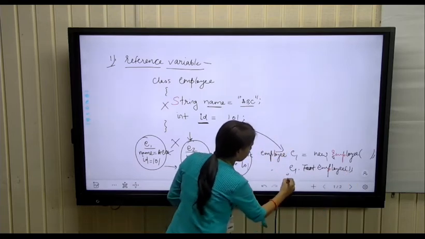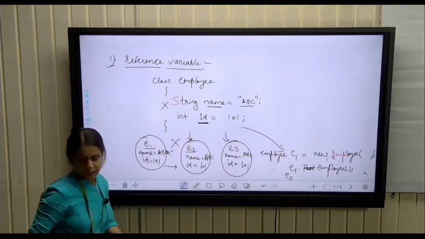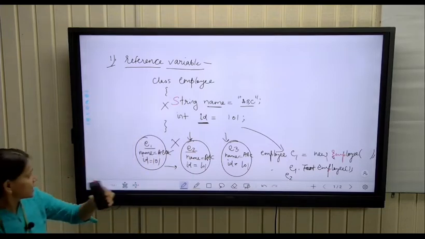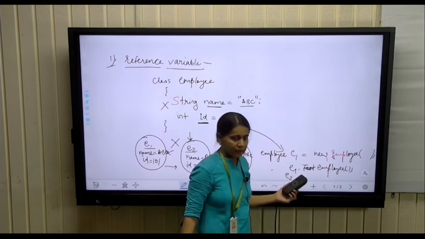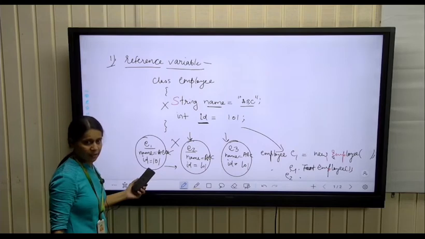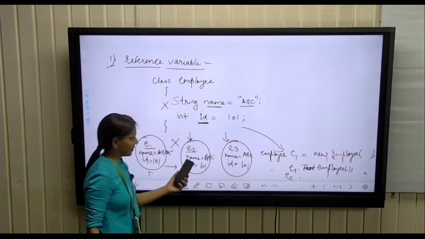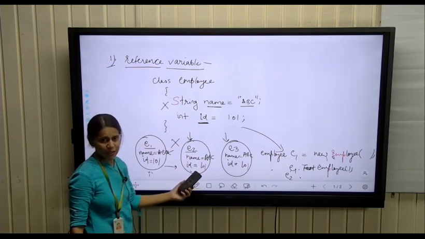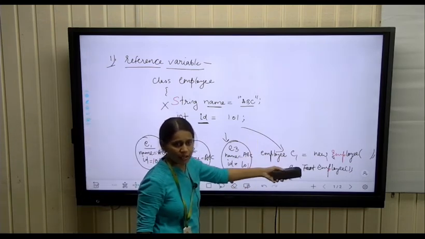Again I'll create another object for this class. Yes, okay, this will not change actually. This E1 is taking the values name, ID, ABC and 101, and this E2 again will take the values ABC and 101, and this E3 the same, means the values will not be changing.